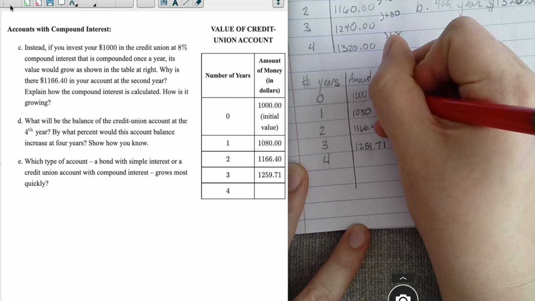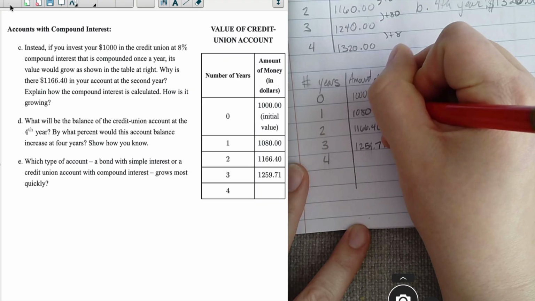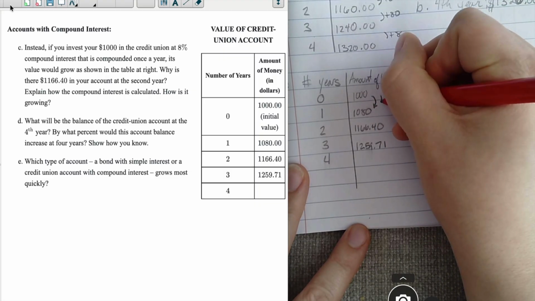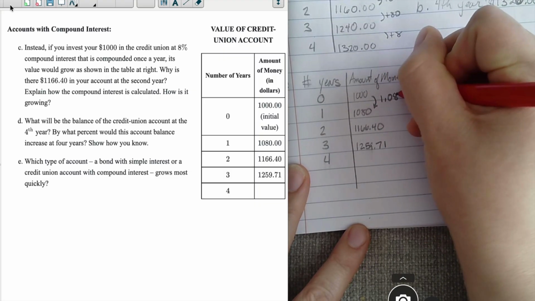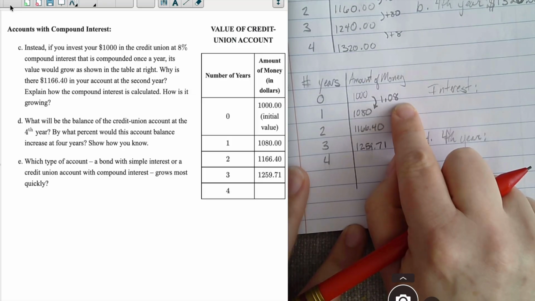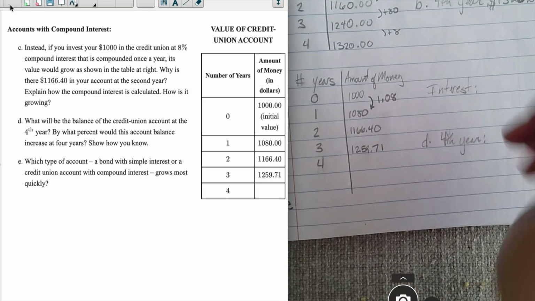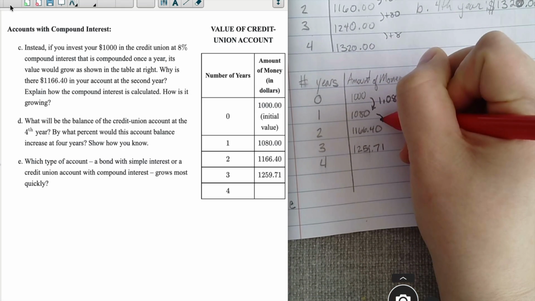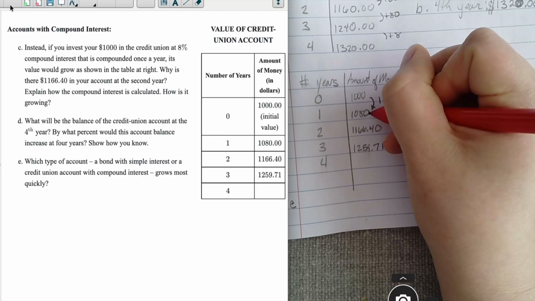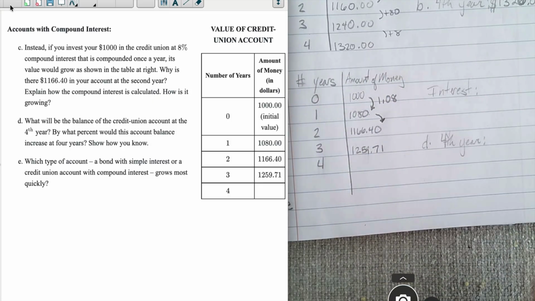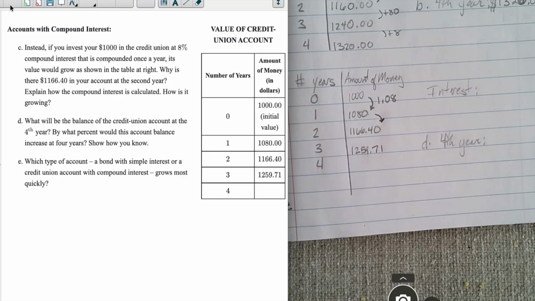So if I do multiplying, to get from my first number to my second number, I multiply by 1.08, representing 108%. Now I'm going to test if that 108% works to get from my first year to my second year. So I'm going to take 1,080 and I'm going to multiply it by 1.08. 1,080 times 1.08.